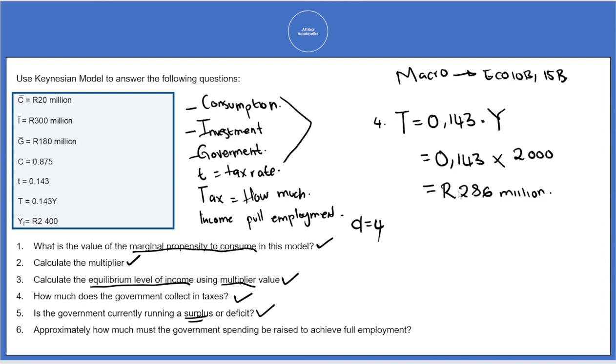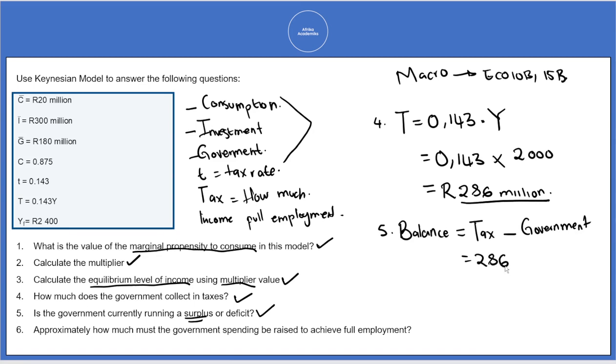Okay, so the way to go about that, you will simply say, for number 5, the balance, or B, is equal to the tax minus G, which is government spending. The tax that the government has collected is the one here, which is 286 million.